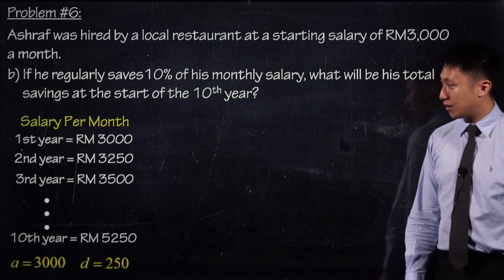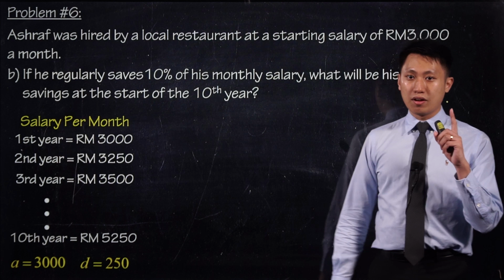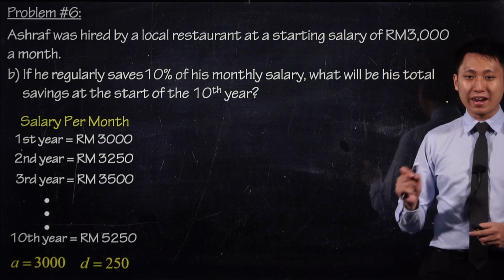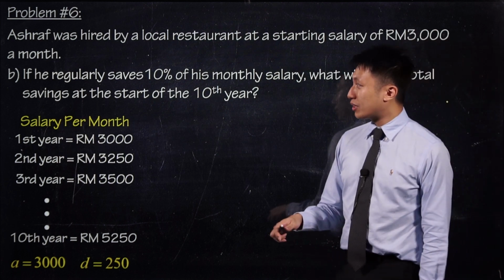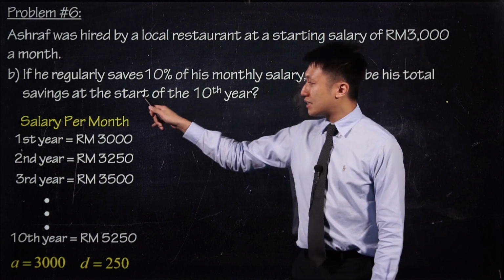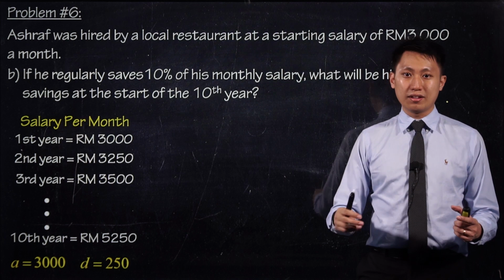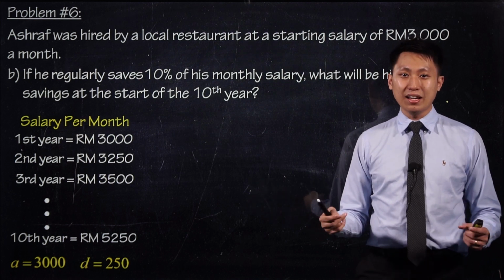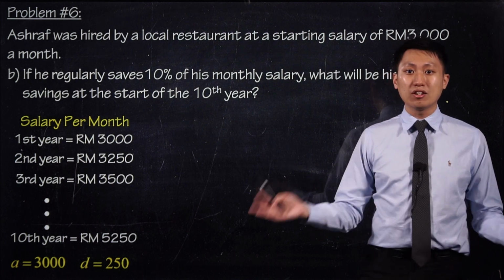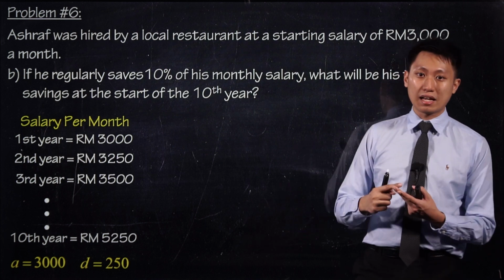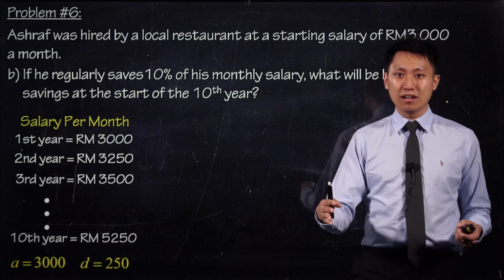So next one. Now, you have to think about this one very carefully. This is the start of the 10th year, so the 10th year is not included. The saving in the 10th year is not included. So you have the first year, second year, until the 9th year of savings.